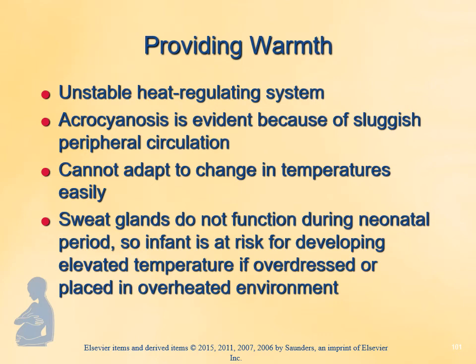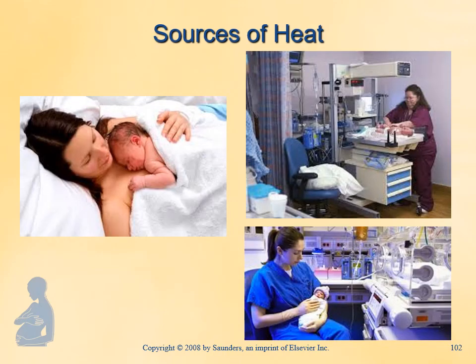Preferably, we'd like to keep them skin to skin with their moms and with a blanket over them, but if we can't do that, then we definitely want to either keep them under a radiant warmer or in blankets to prevent heat loss. So skin to skin is going to be our first choice, and then if we can't do that, we would keep them under a radiant warmer or in blankets.